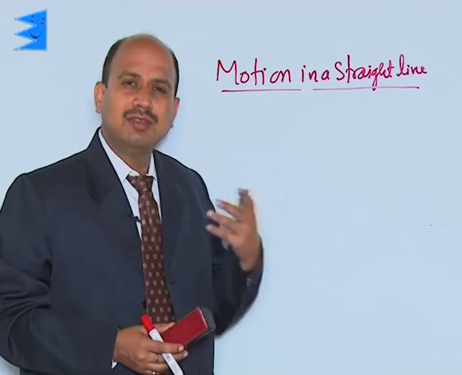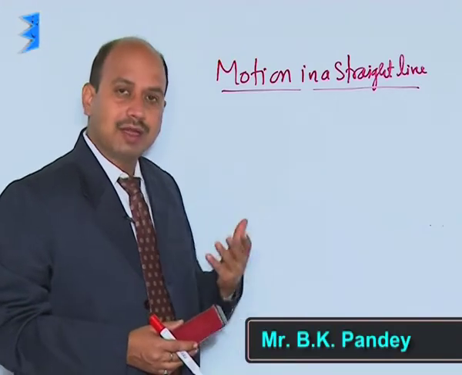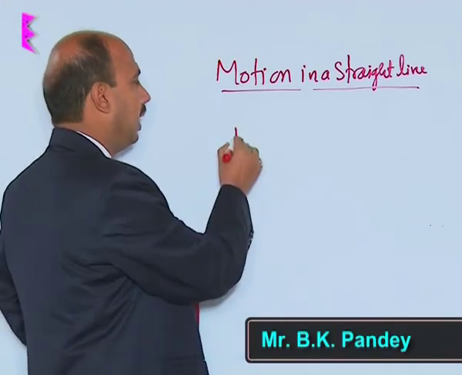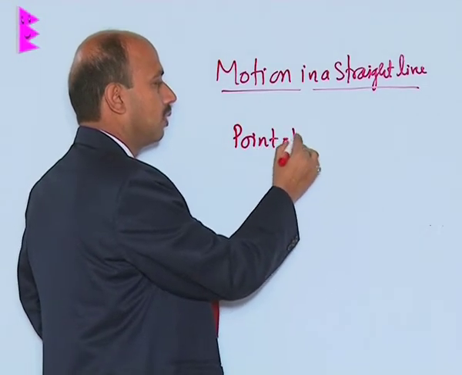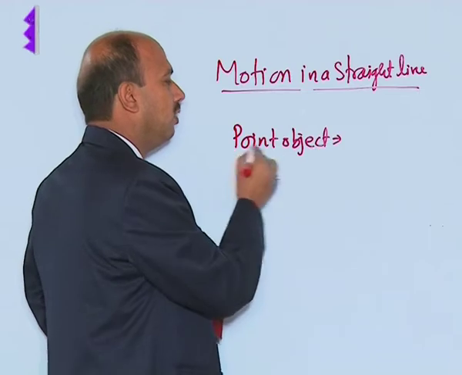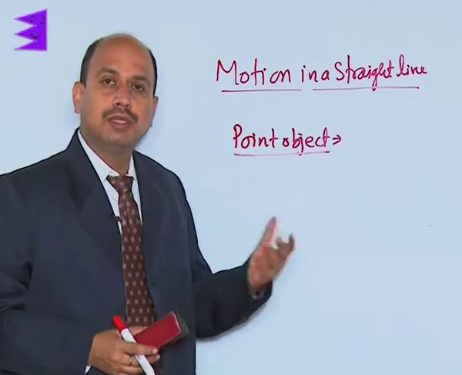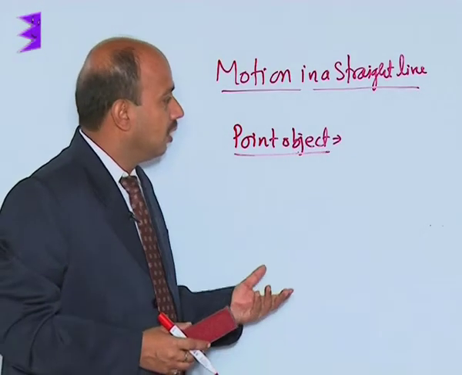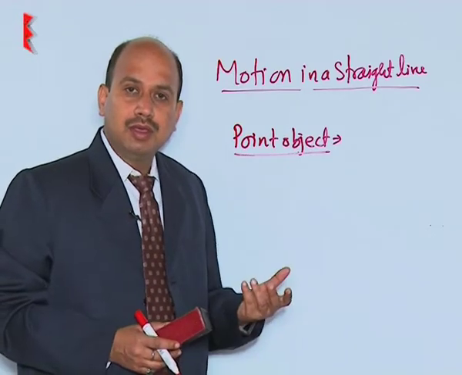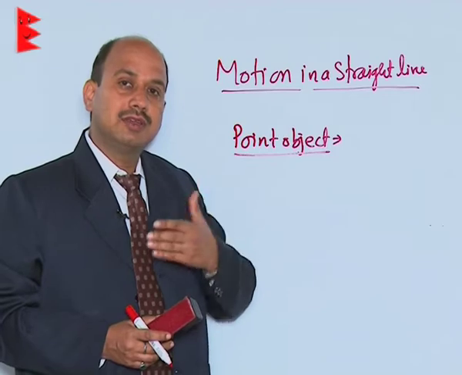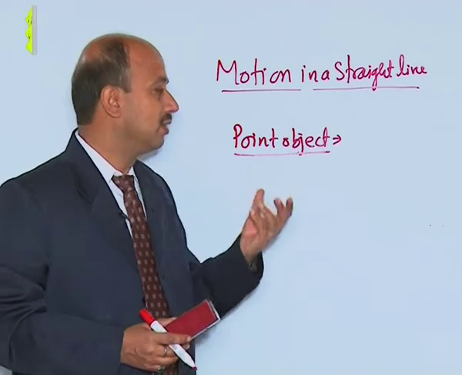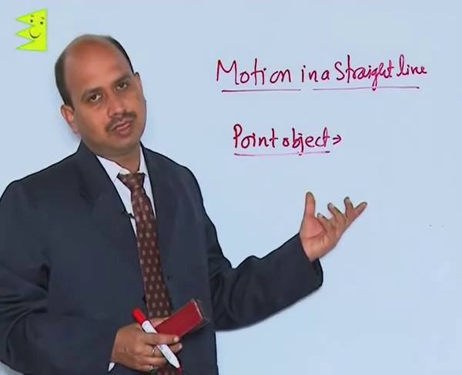So there are some basic terminology before starting kinematics. First we take a point object. See here, sometimes we have to assume an object as point sized. So basically, if the object is traveling a distance much larger than its size, then we can consider the object as a point sized object.